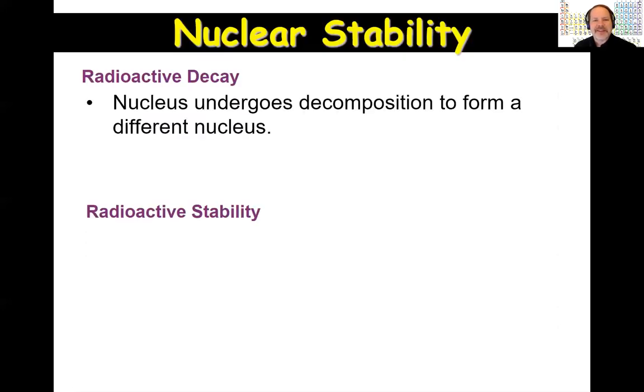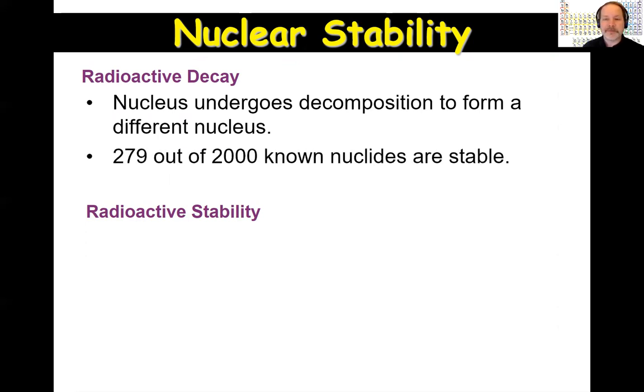So this radioactive decay is something that's just happening to these elements. And there are some theories and explanations why. It's not part of this class to know why, but we can start to learn something about the relative stability of the elements on the periodic table. 279 out of 2,000 known nuclides are stable.